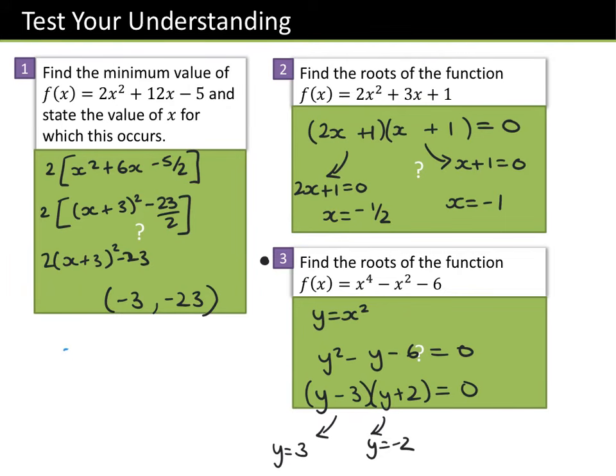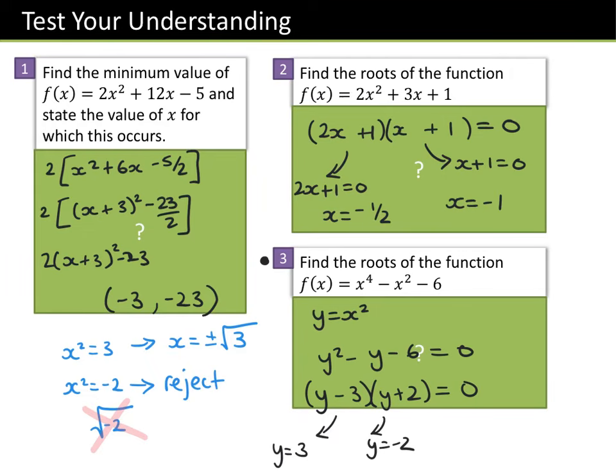So now x squared equals 3 and x squared equals negative 2. For this one, x is going to equal plus or minus the square root of 3. For this one, we reject. The reason why we reject it is because we cannot square root a negative number. Okay, this is not allowed, so you would write reject.